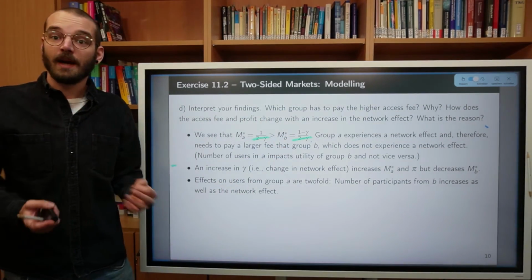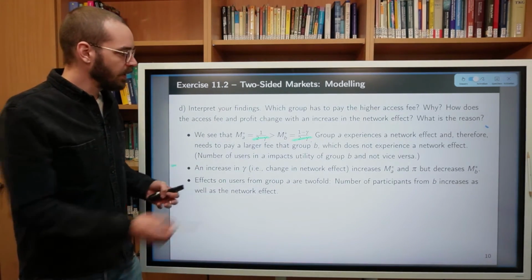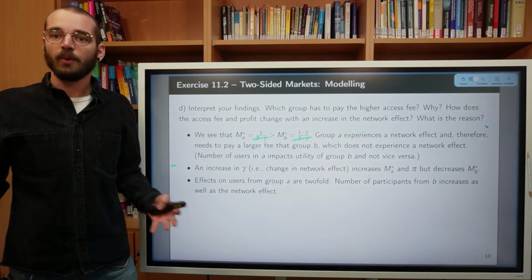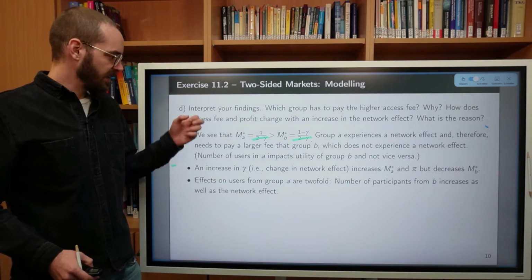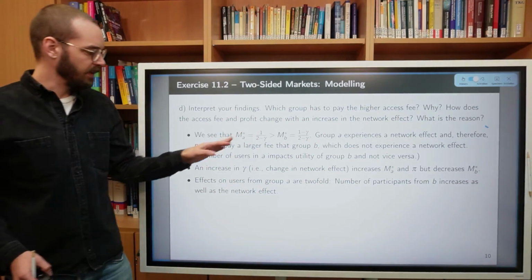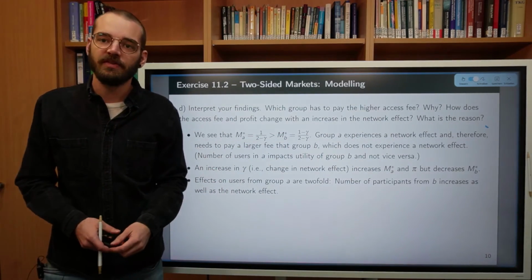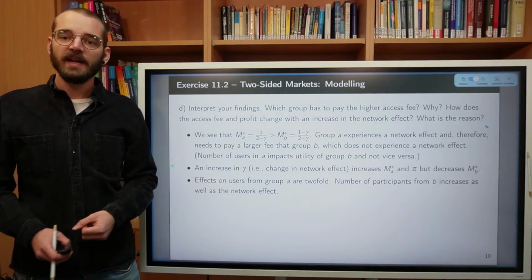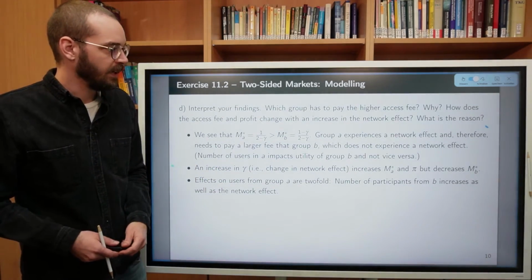We know, of course, gamma is positive by assumption, so 1 is larger than 1 minus something positive, all right? And by that we know that overall MA is larger than MB, so the participation fee that group A has to pay is larger than the participation fee group B has to pay.